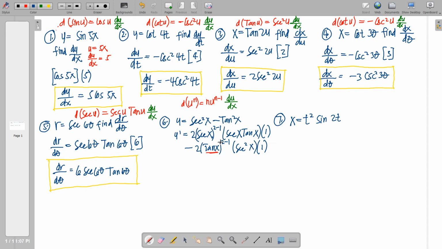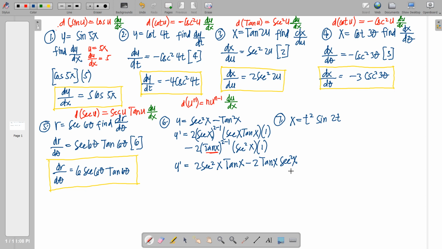So, if we are going to simplify this now, the first term would yield 2 times secant squared x because that secant squared is raised to 1 only. Multiplied by one secant x, it becomes secant squared x. And of course, we place this tangent of x minus 2. The tangent of x is just one as well because it was reduced by one.